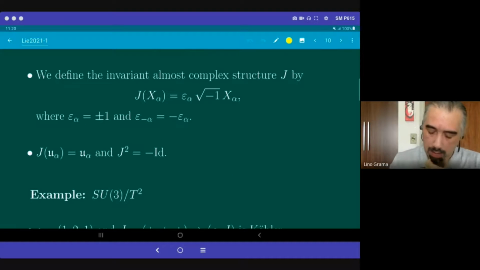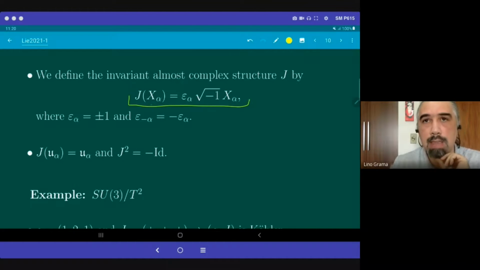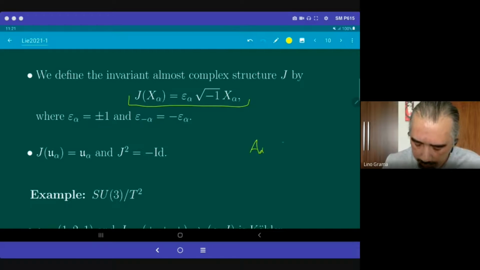Now we define the almost complex structure by this expression, and recall X_alpha is the Weyl basis. And we plug in the expression of A_alpha and S_alpha.